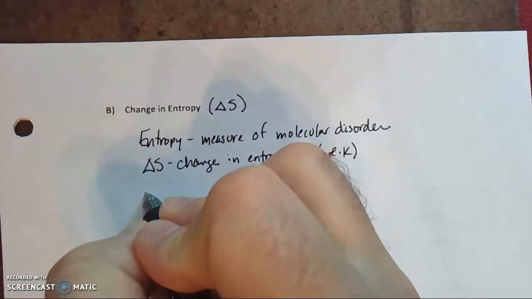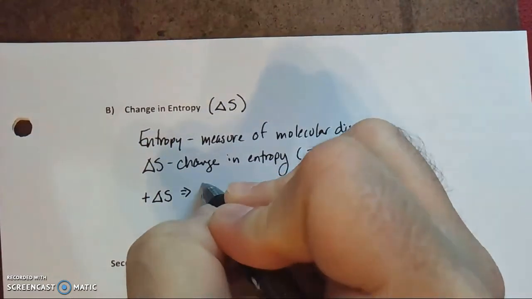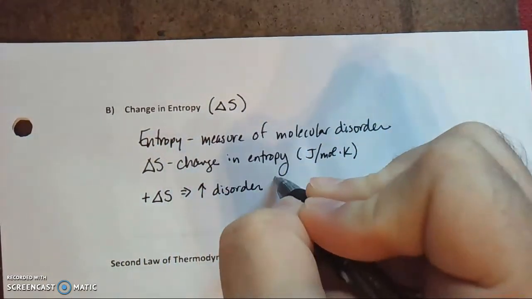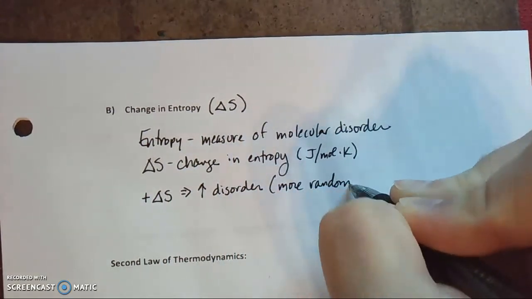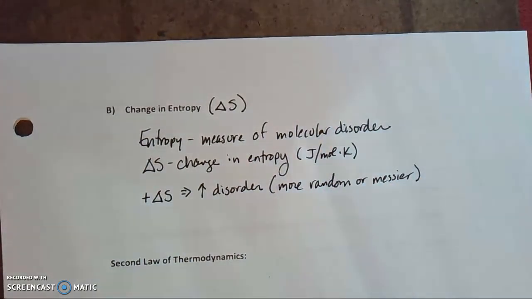So if we have a positive delta S, that means that we are increasing the amount of disorder. So it's getting more random or messier. So if we have a positive change in entropy, it's getting messier.